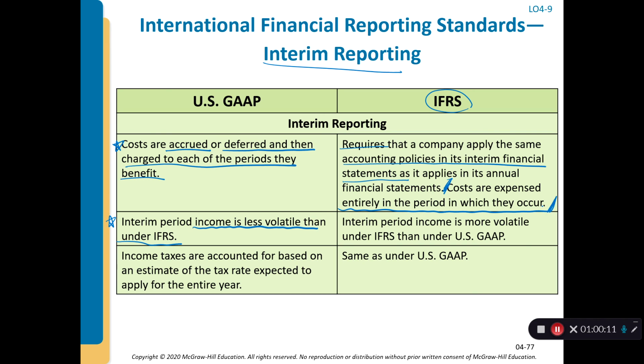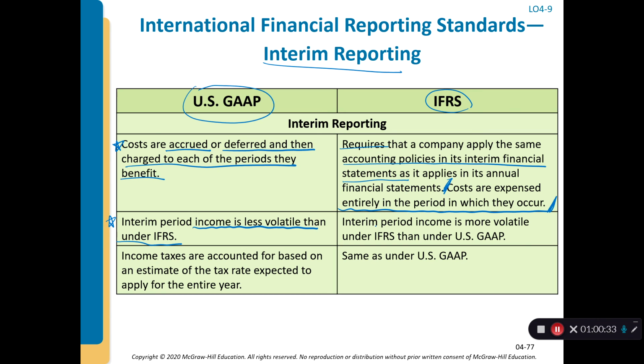In other words, if you have expenses happening in the second quarter, under the IFRS, it will ask you to expense them entirely in that specific quarter. But under the US GAAP, if you consider that those expenses can benefit other periods, then you can spread them out, right?